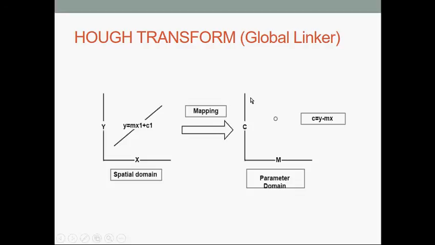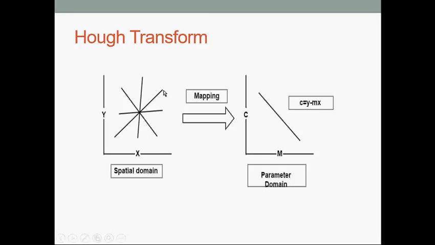So what happens if there are a number of lines in the spatial domain? What happens in the parameter domain? As you can see, in the spatial domain there are a number of lines intersecting at one single point. If I represent these in a parameter domain, it will take a single straight line.